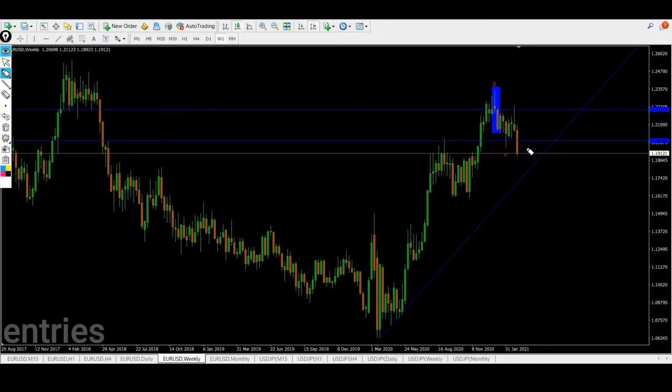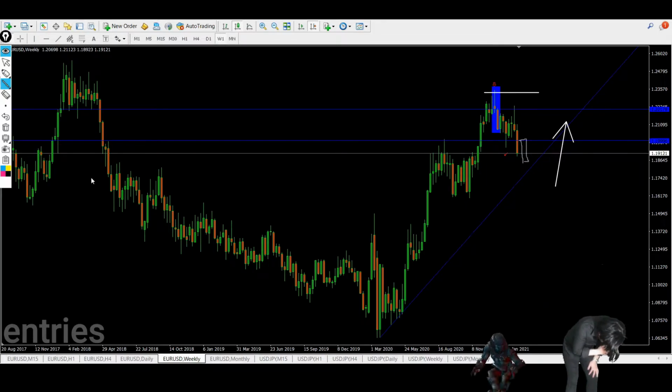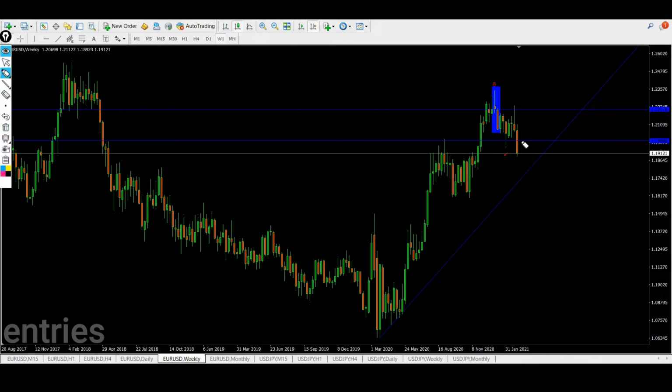So on the weekly chart, if a strong long trade forms, okay, then we're going to be in line with the medium term trend and be targeting this pivot high as a first target. On the other hand, if we happen to get a weak long trade that forms, well then still we'll be waiting for pullbacks and looking for short entries right back down to that new pivot low.